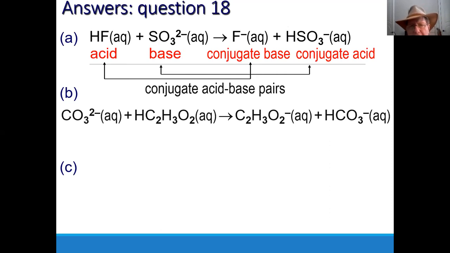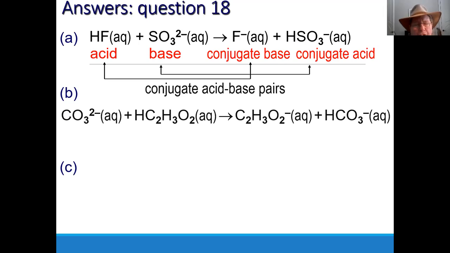CO3 2 minus and acetic acid, making acetate and HCO3 minus. Benita, between CO3 2 minus and HC2H3O2, do I have something that can donate a proton? The acid. I don't know, I'm guessing at this point.